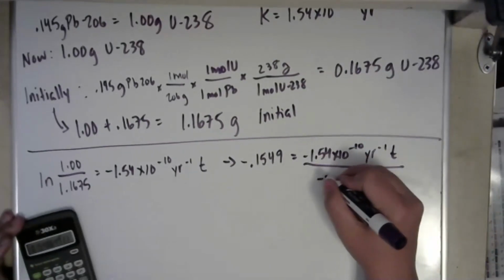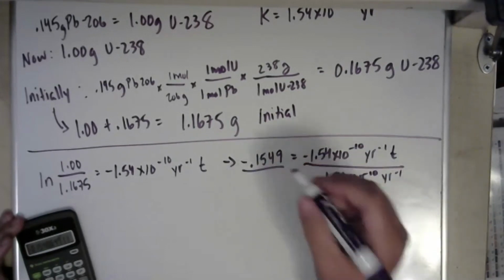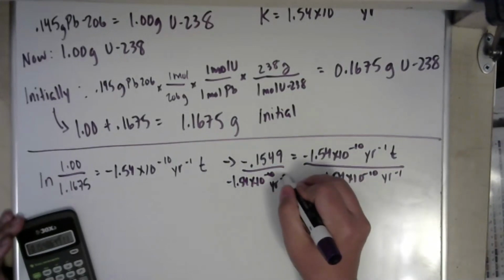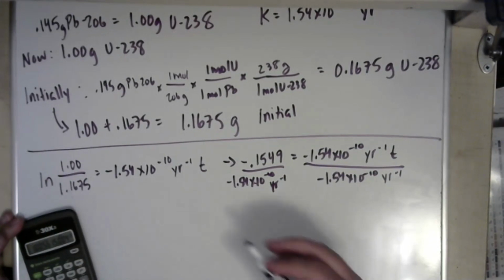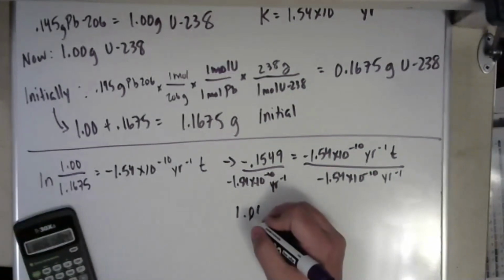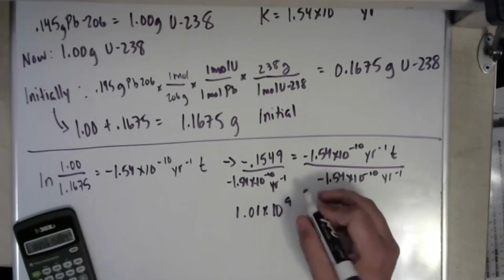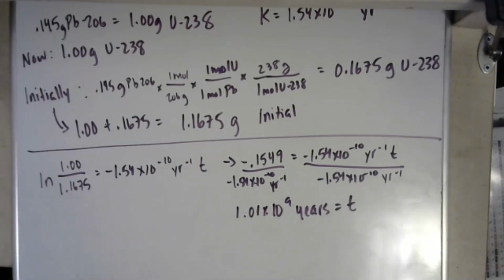And we'll divide both sides by negative K. Okay, we end up with 1.01 times 10 to the positive 9 years for our time value here.